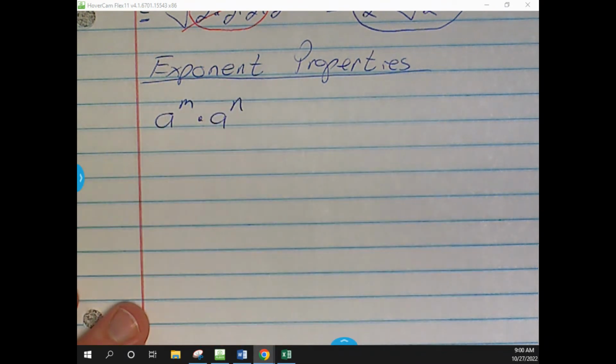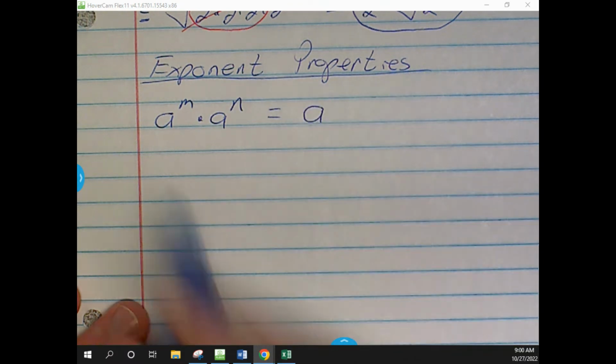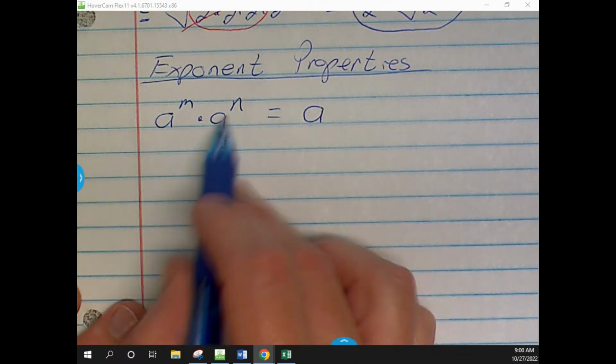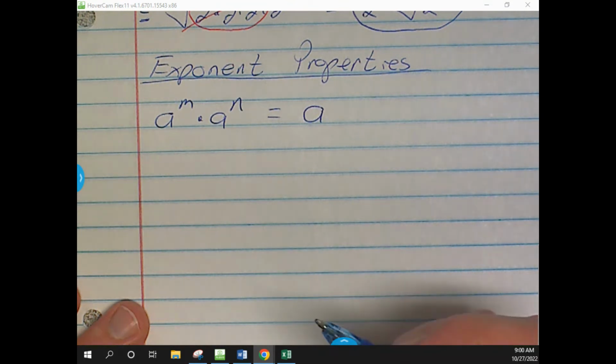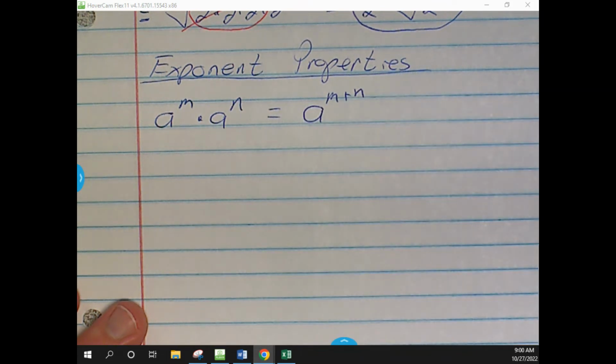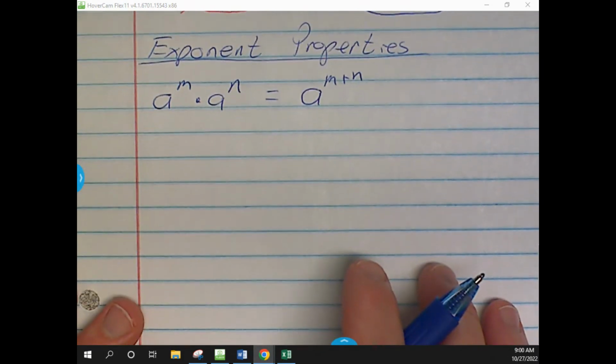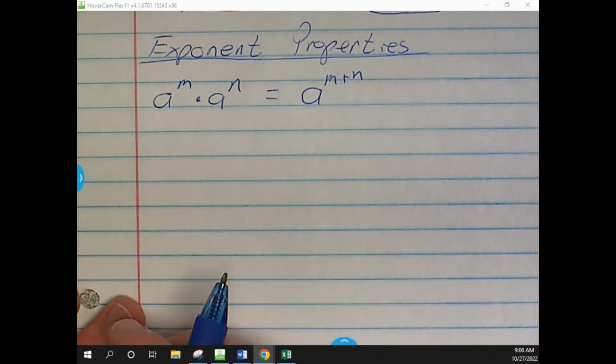Okay, so the first one is the product property. If you're doing a to the m power times a to the n power, and for these we're assuming that the bases, in most cases, are the same. If the bases are the same and you're multiplying, you're going to take the 2 exponents and add them together. Just think about x squared times x to the third. That's not really anything new because you've been doing that one for a while.